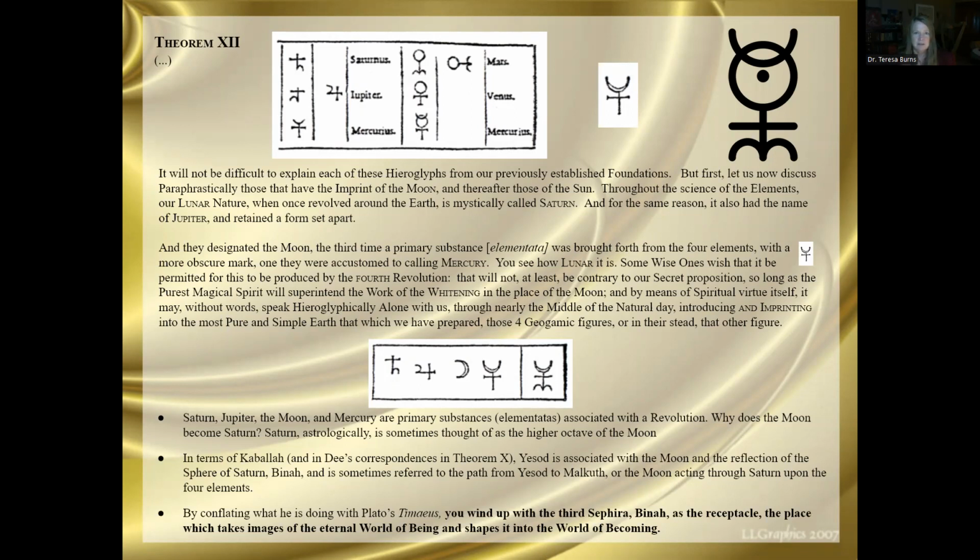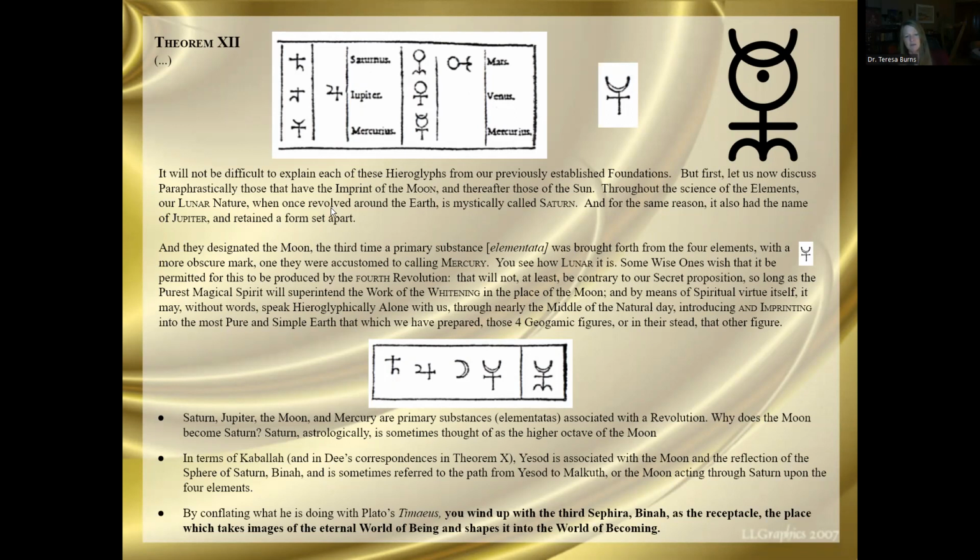So if you consider that what Bina is receiving from Hokmah is that world of being in the Timaeus, then it's basically the receptacle, because Bina is still, this is also why I haven't described any of the 2,000 years of scholarly argument about what the receptacle is, because I knew I was going to be telling you here, this is what Dee is portraying the receptacle as, the Sephira Bina.